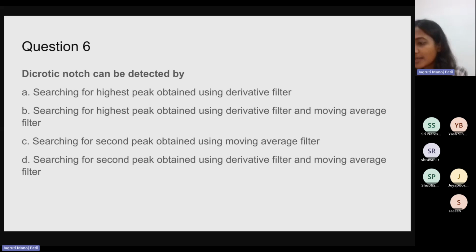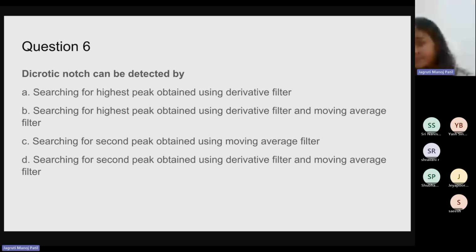Then the dicrotic notch can be detected by, oh, we didn't see that. The same algorithm. Okay. Searching for the highest peak obtained using the derivative filter. Searching for the highest peak obtained using the derivative filter and moving average filter. Searching for the highest, B option. Which one? And D, searching for the second peak obtained using derivative filter and moving average filter.